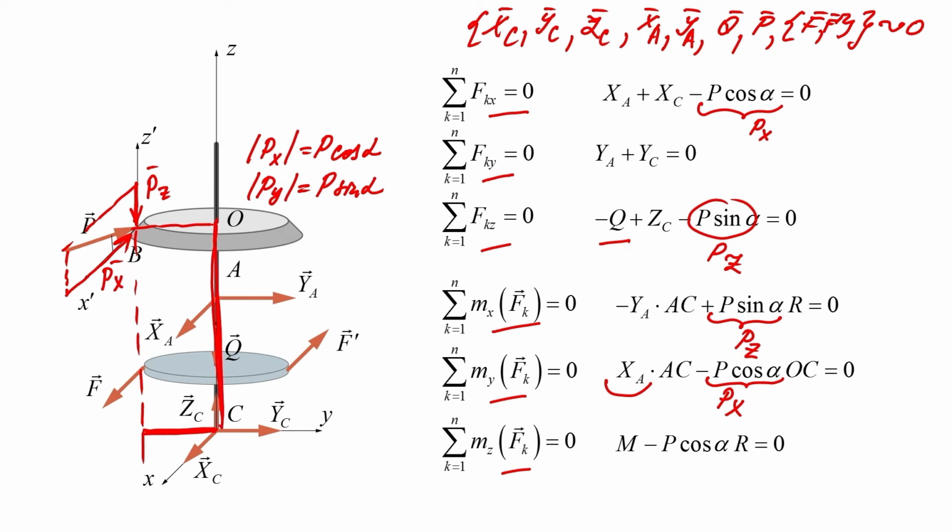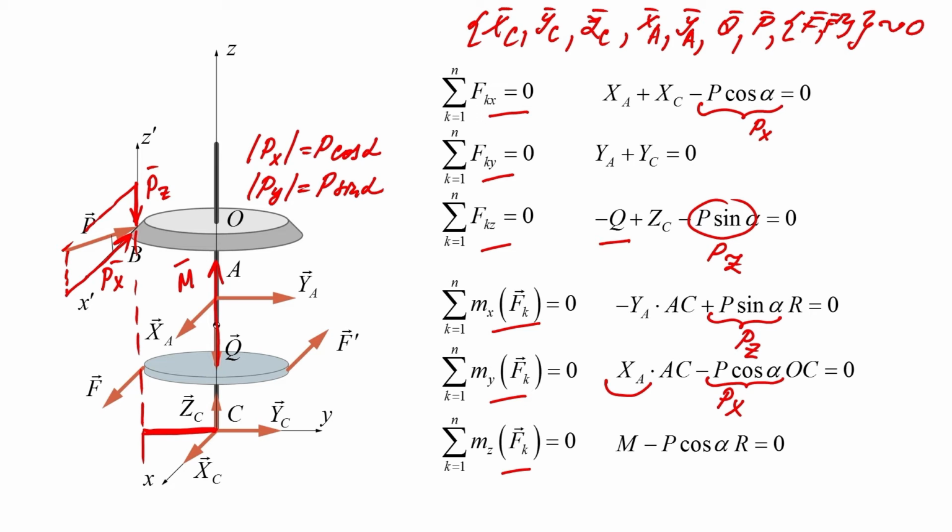The distance is OC. And the third moment equation with respect to the axis z. The moment of the force couple is perpendicular to the plane in which the force couple is lying and is directed along the axis z.